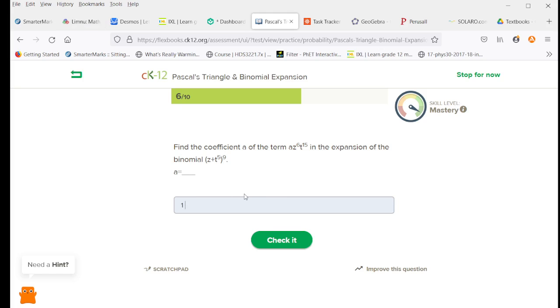So the coefficients of that would be 1, 9. Well, really what we're looking for is 9c, and then we want the 4th term, so it's 9c3. And that's the only source of our coefficient, because the others have no other terms. So 9C3, that's 84.